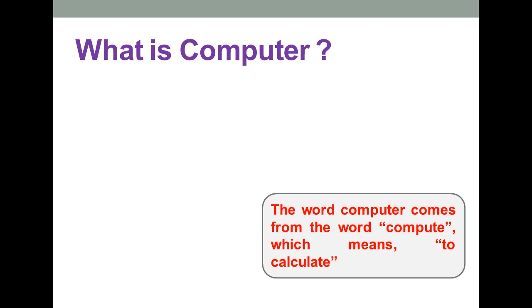We can play games on it, we can listen to music with the help of this, we can watch movies on it. So these are some common tasks which we perform with the help of the computer. That means we can say that with the help of computer we are not only doing calculation, we are performing other things also.